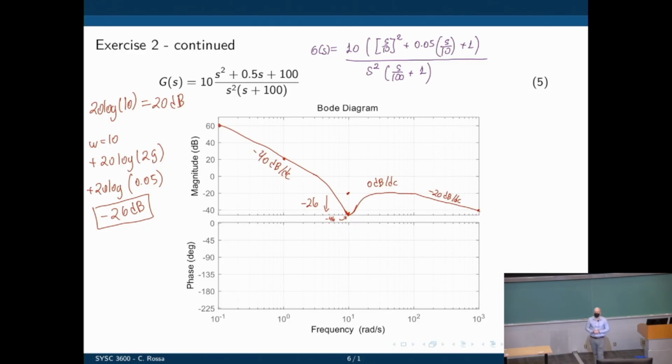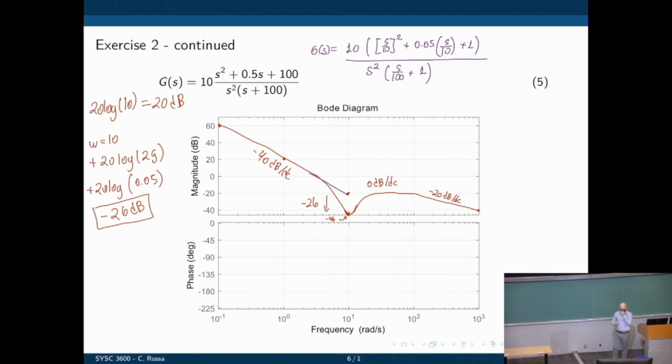Yep. Sorry, could you say that again? We would be at negative 20, right? If we only had 2 zeros there, we would go to negative 20, and this line would continue there.